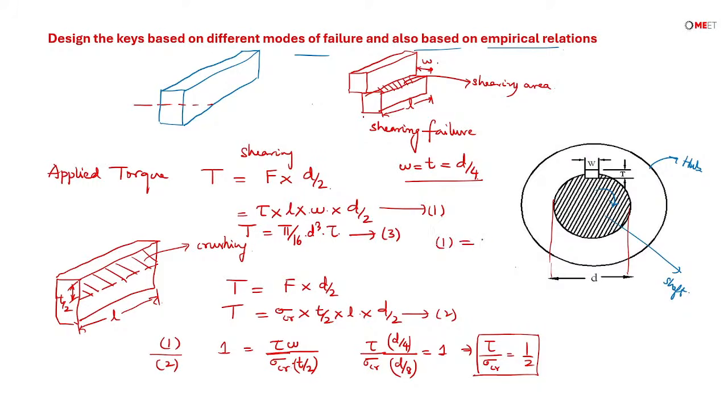Now when we equate 1 with 3, tau and tau get cancelled, and L becomes equal to pi d by 2, which is 1.57 times d. So this is another empirical relation that can be derived from here, that is L is equal to 1.57 times d.